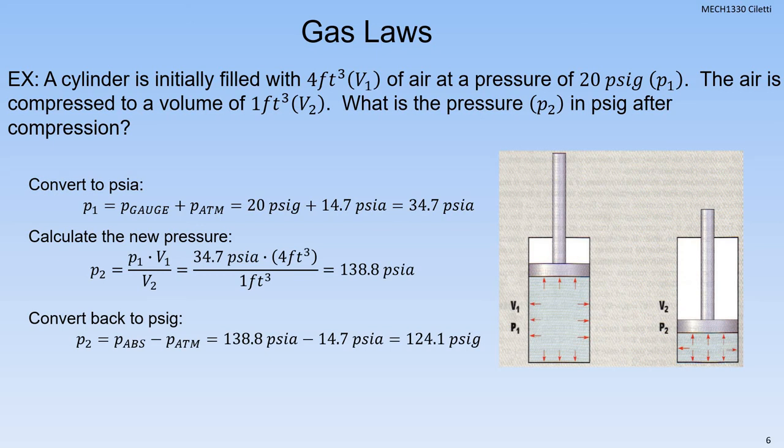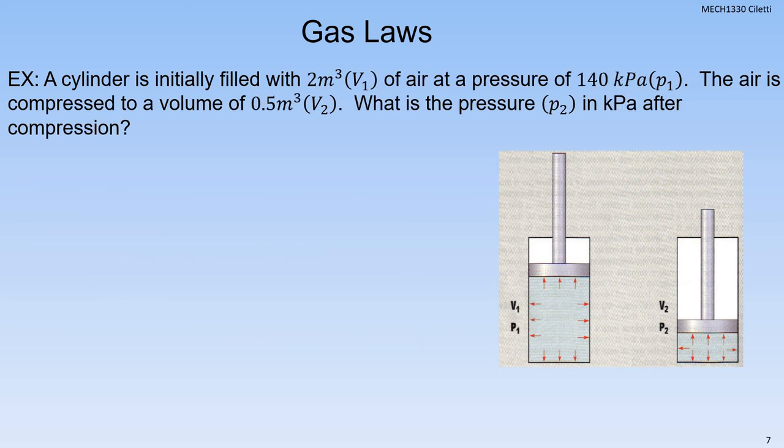Now, we have to go back and take out atmospheric because we want a gauge reading. So we take that 138.8, subtract back out the 14.7 atmospheric pressure, and we're left with 124.1 psig. So that's a gas law using Boyle's law when temperature is remaining constant.